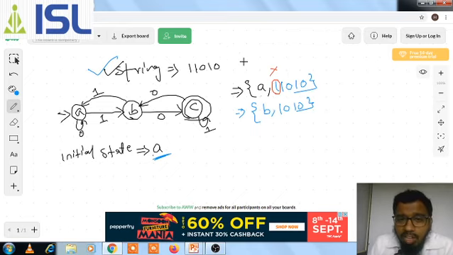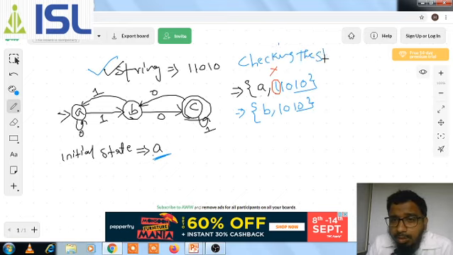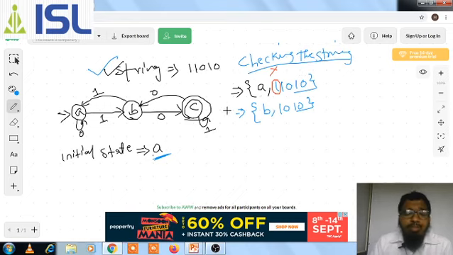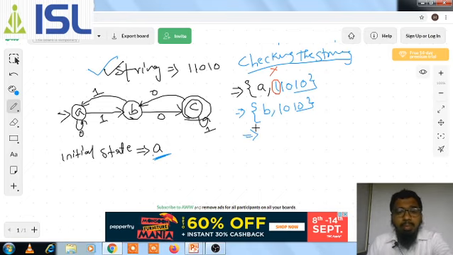We are checking the string. Now B comma 1 0 1 0. If B is 1, where is it going?